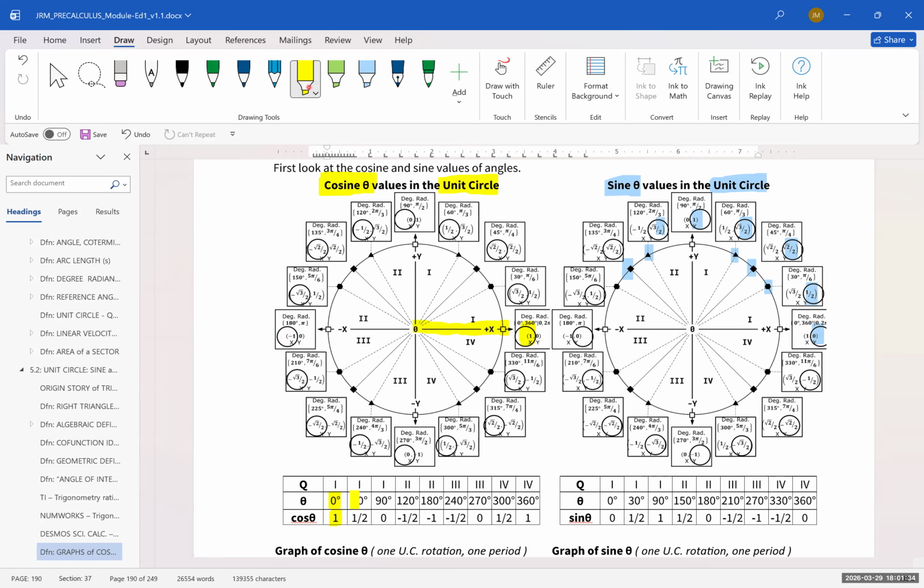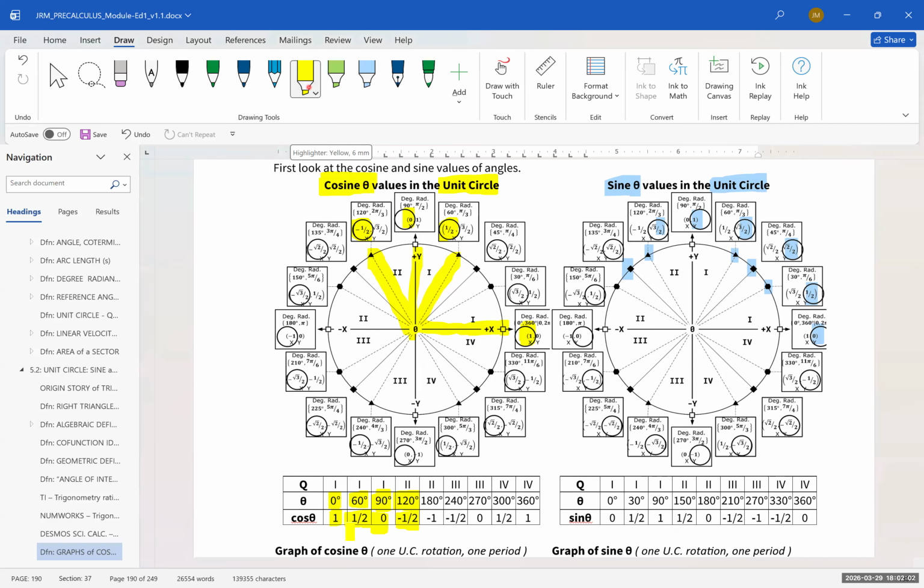And if we look at 60 degrees, so here is 60 degrees, the cosine of 60 degrees is 1/2. And if we look at 90 degrees, the cosine at 90 is 0. If we look at 120 degrees, the cosine of 120 is -1/2, and so on.